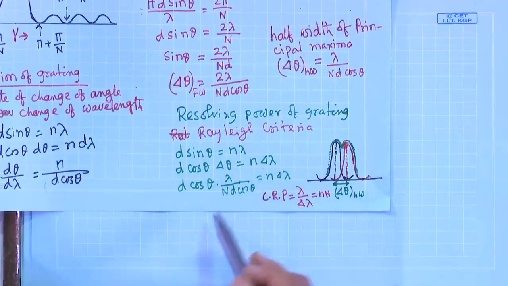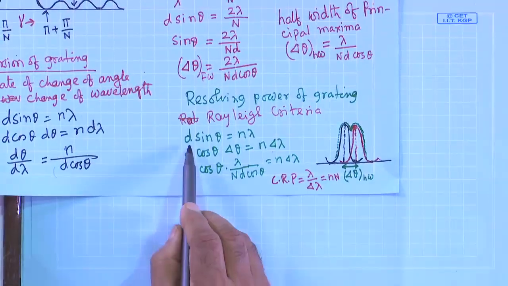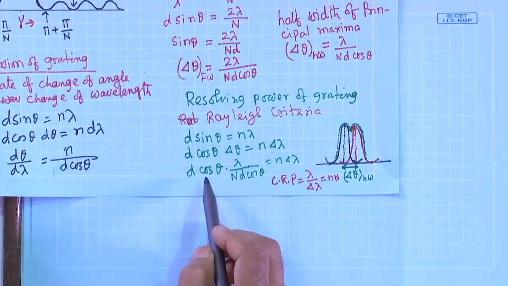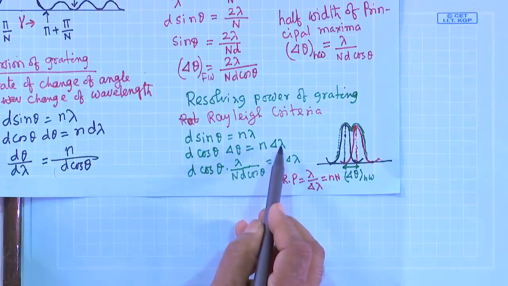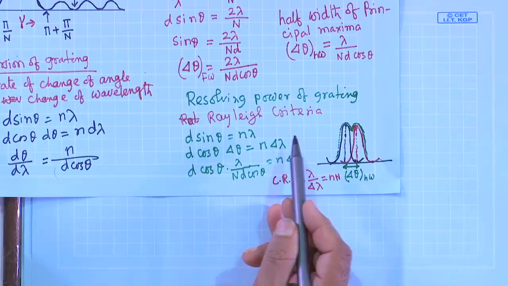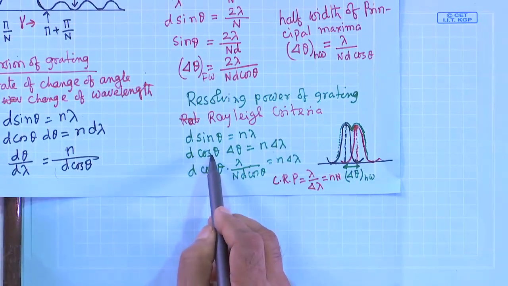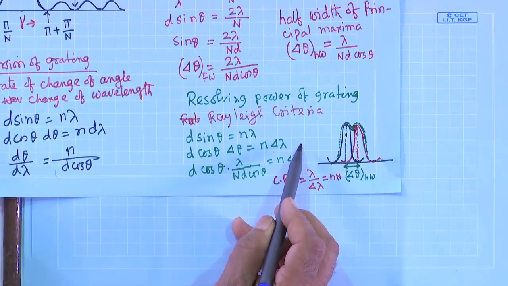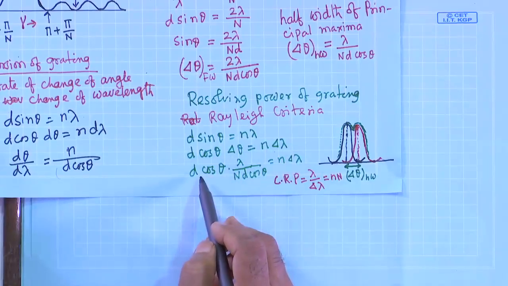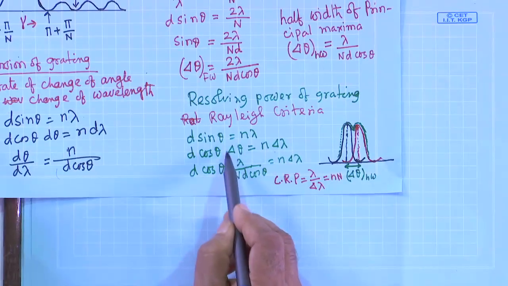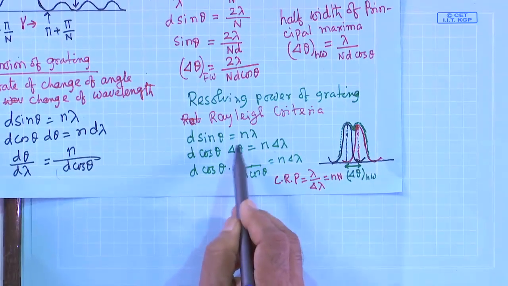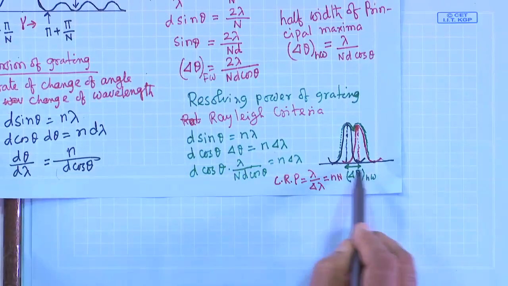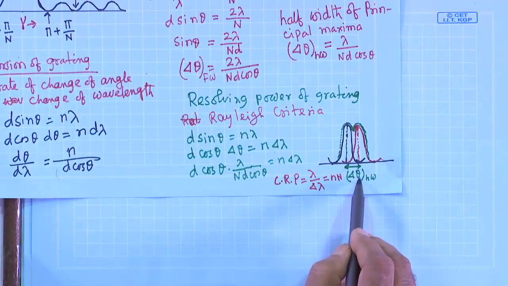According to this criterion, d sin theta equal to n lambda. For different wavelength, if we differentiate, cos theta del theta equal to n del lambda. Del theta is the minimum separation we need, that is the Rayleigh criterion.